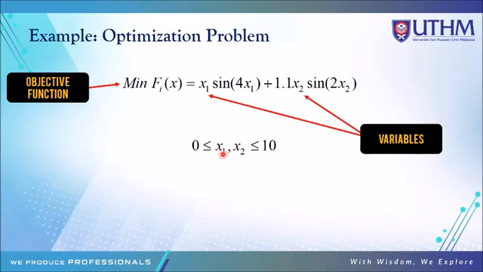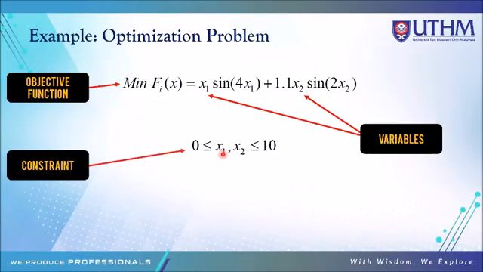That problem cannot be solved easily by traditional methods, such as linear programming, quadratic programming, and so on. So we need heuristic algorithms. We need metaheuristic algorithms like PSO, artificial bee colony algorithm, firefly algorithm, ant colony, and so on.